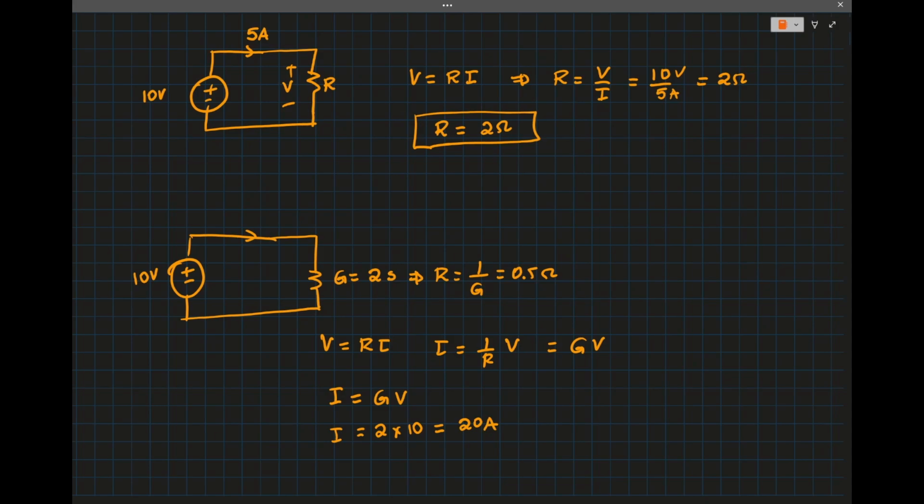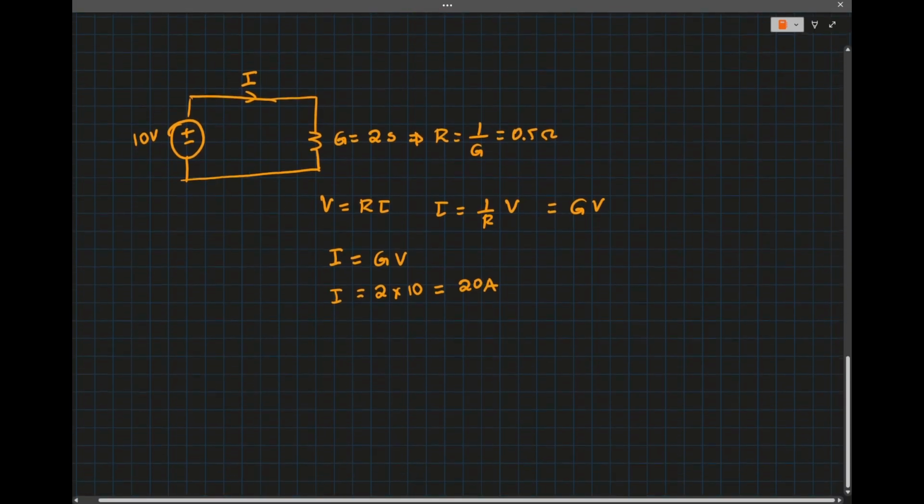Okay, so I'm just trying to show you how, when you are given any two of these variables, you should be able to calculate the third one.